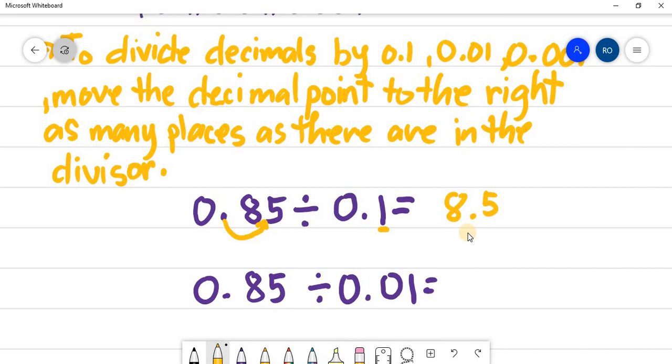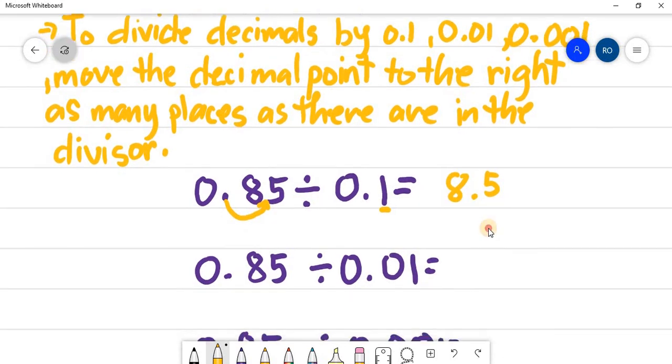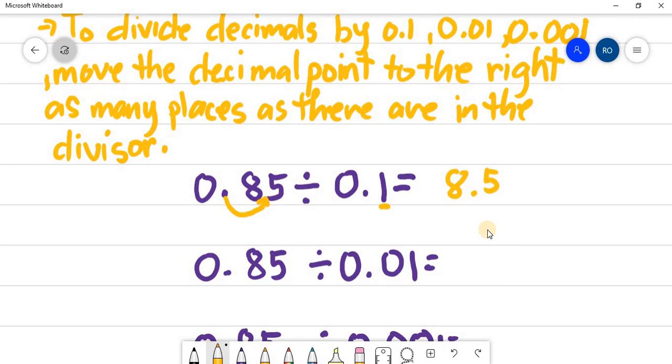What if we divide 0.85 by 0.01? Again, 0.01 has two decimal places, so we move the decimal point of 0.85 to the right twice. 1, 2. Now our answer is 85.